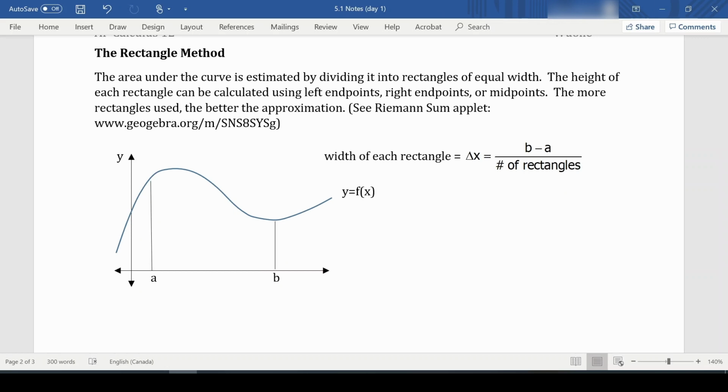Okay. So if we think about this rectangle method, if I draw my rectangles, I'm going to use a right endpoint here. If I draw in my rectangle, and another one, and another one, when we draw these in, we want them all to be the same width. And we're going to call this width delta x.